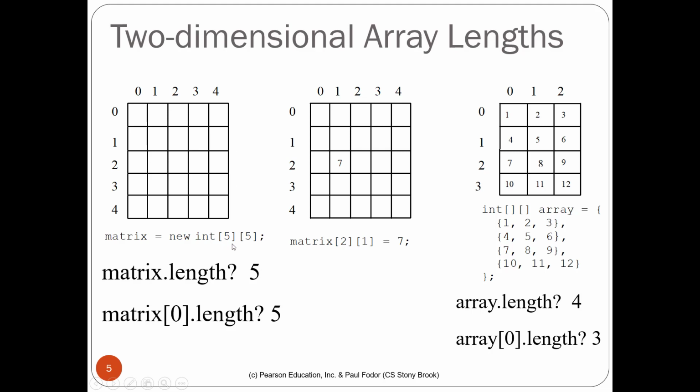Okay, so the first dimension in a two-dimensional array specifies the number of rows, and the second dimension specifies the number of columns that you have in your array.